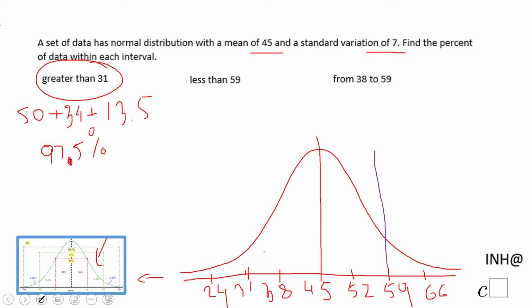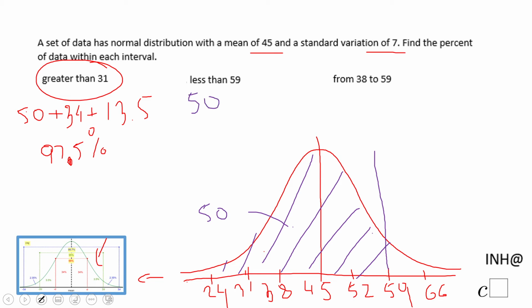And the data that is less than 59 will be this area under the curve. So how are we going to go here? We're going to start with this 50% here, the left side of the bell curve, that is 50%.